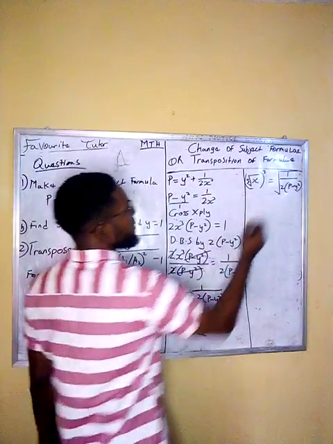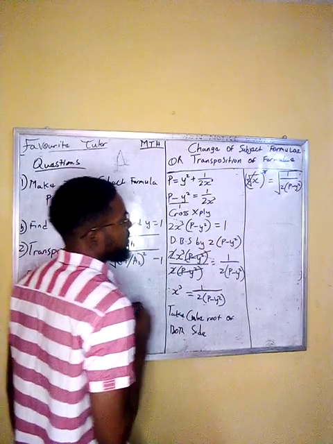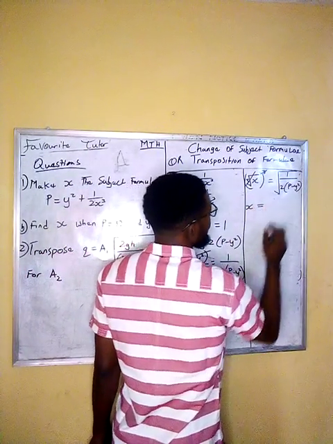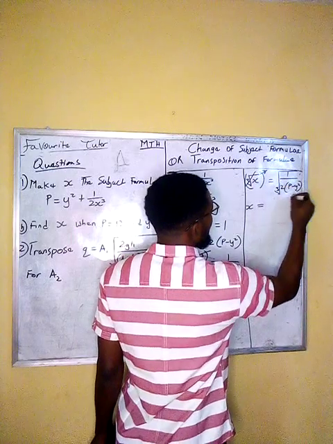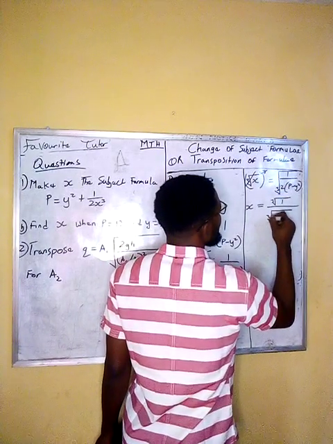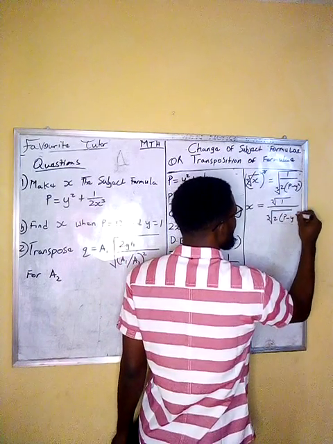So the power cancels out the root, leaving x equals the cube root of 1 all over the cube root of 2 bracket P minus y to the power of 2.